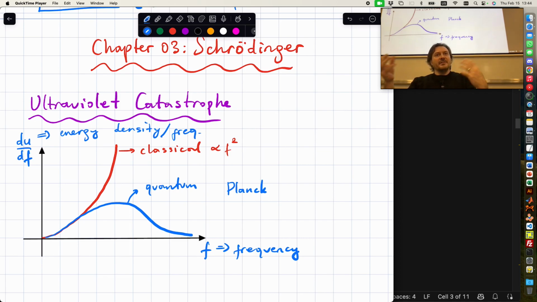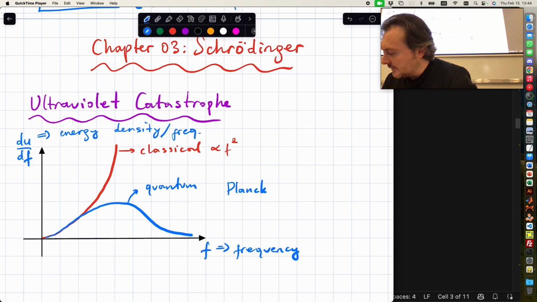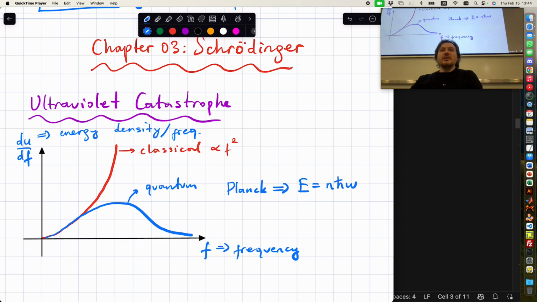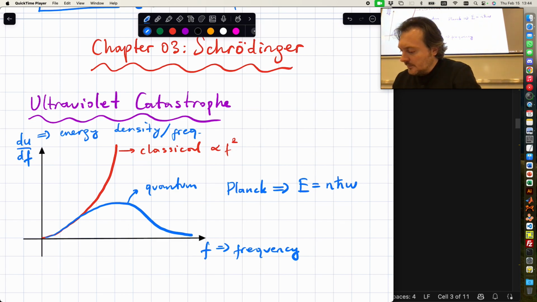He didn't have the physical explanation why that formula should work, okay? But at some point, he realized that the formula works only if you assume that energy is a quantized multiple of frequency. Okay, let me explain what it means.